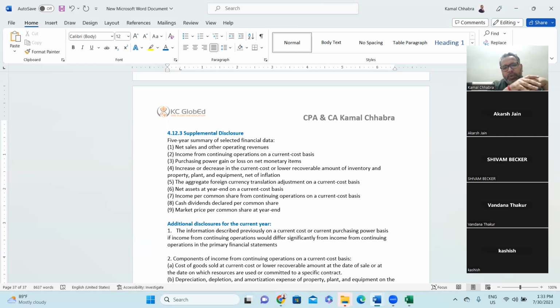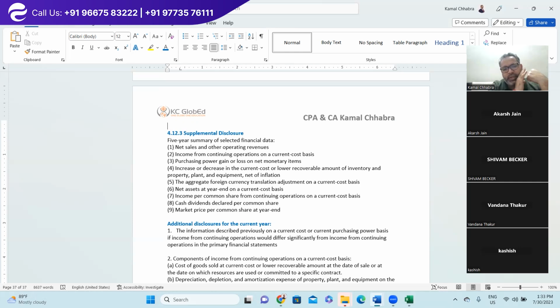Third one is purchase power gain or loss on the net monetary items. Fourth is increase or decrease in current cost or lower recoverable amount of inventory and property, plant and equipment on account of net inflation. Fifth is the aggregate foreign currency translation adjustment on the current cost basis.